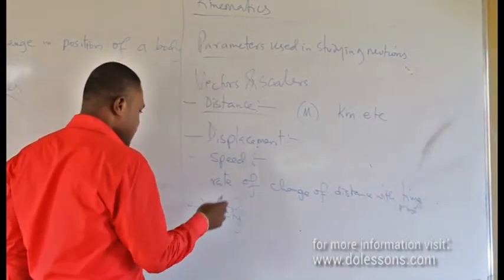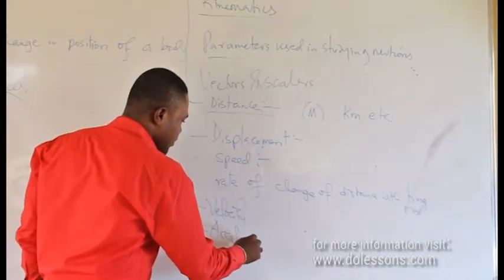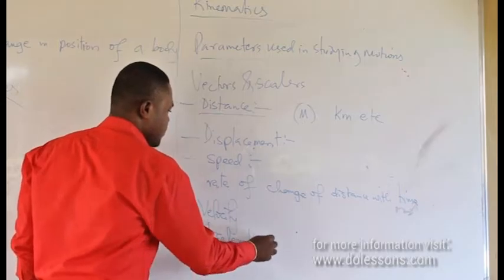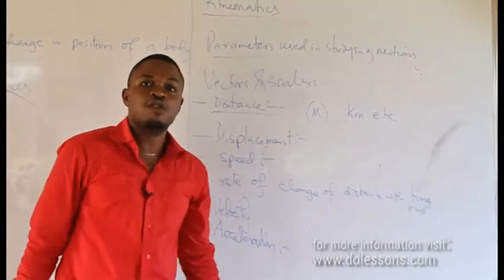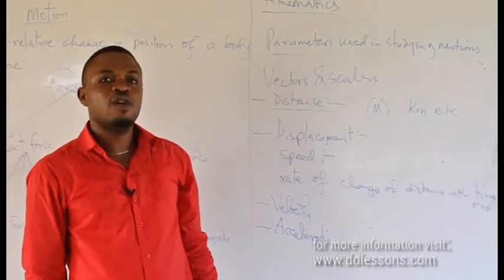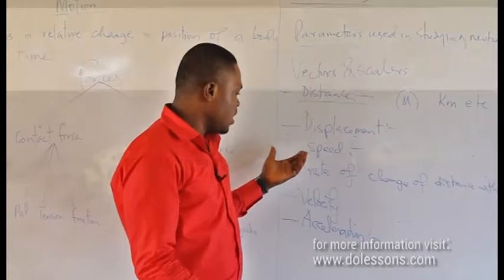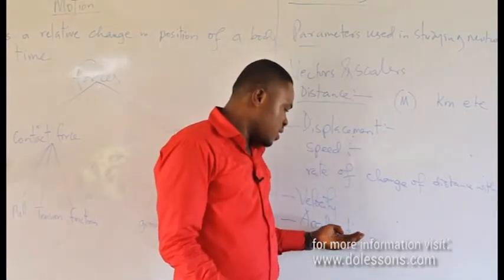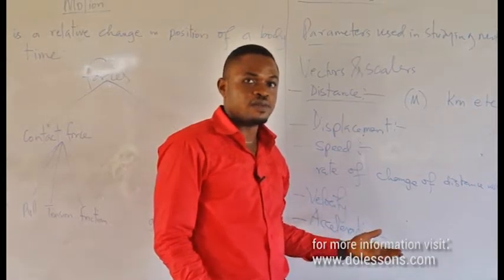We also have acceleration. We define acceleration as the rate of change of velocity with time. So since velocity is a vector quantity, therefore acceleration is a vector quantity as well.